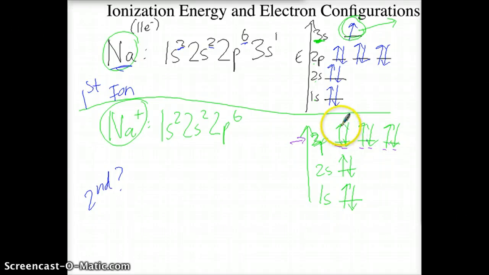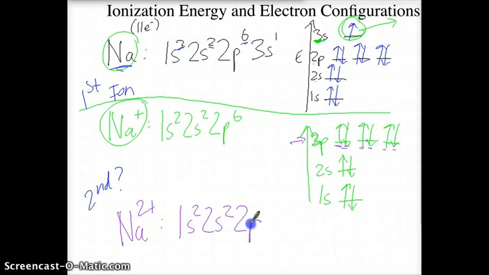So really, we don't know which one of these we would remove. It could be any one of these 6 electrons in the 2p orbitals. But if we could, we would have Na2+. What would the new electron configuration be? Well, maybe 1s2, 2s2, and now 2p5. Because one of those electrons would be removed.